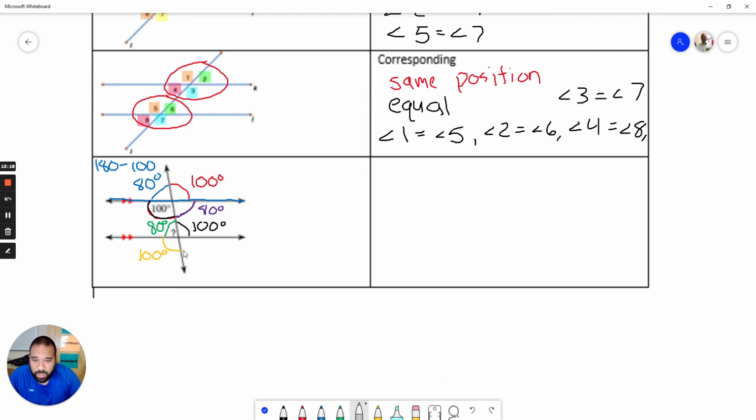I'm going to draw this one in gray. My gray angle is vertical to my 80-degree angle, my green angle, so we know it's 80 degrees. We could have also figured it out with the corresponding angle, which would be the bottom of the top, which is the purple angle. It's corresponding to the purple angle.